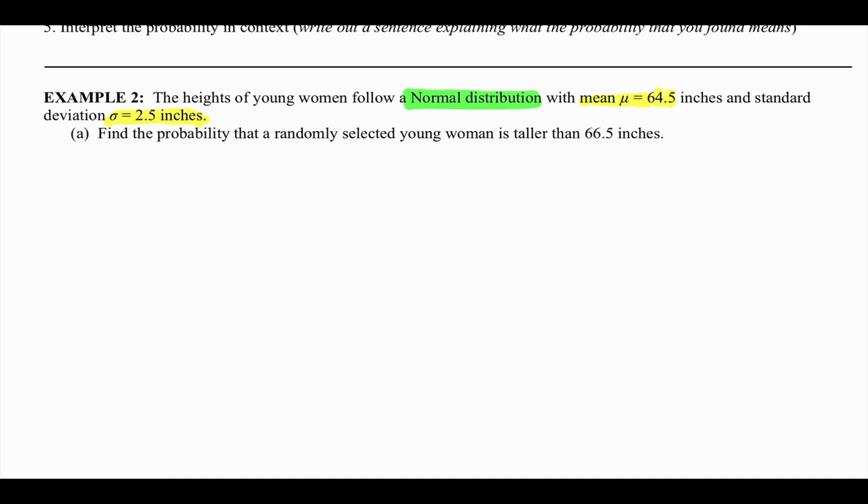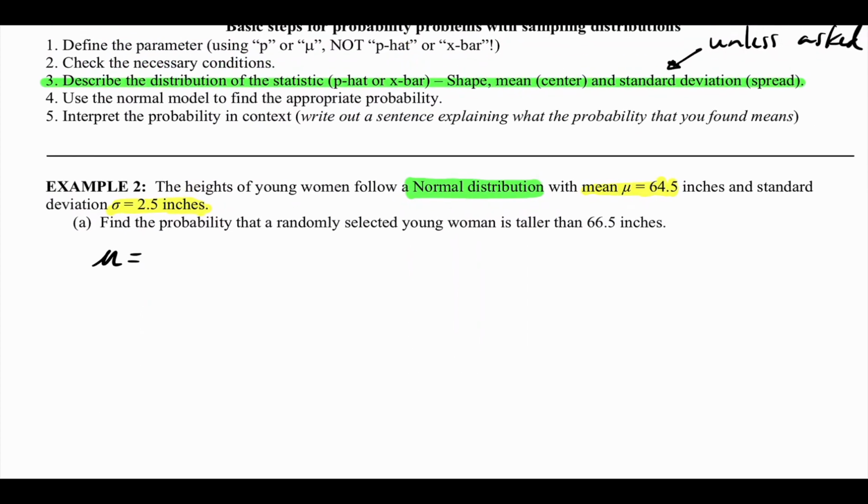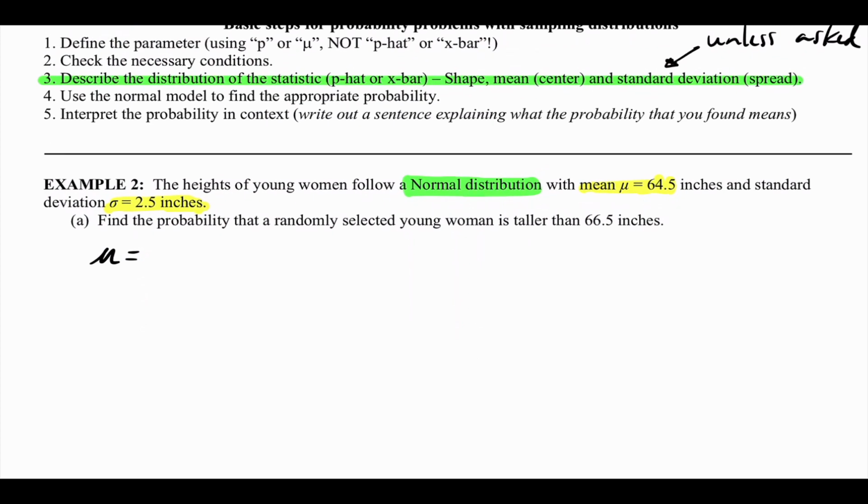First thing we got to do is state the parameter. Define the parameter. Mu equals the true mean. We have a number for that, 64.5. In words, what does that number refer to?